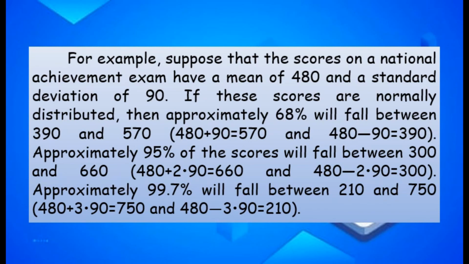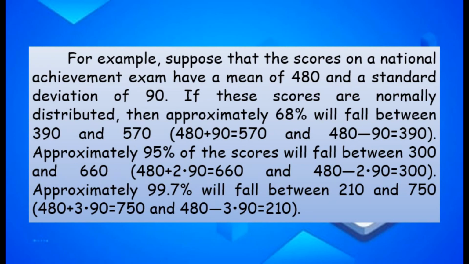For example, suppose that the scores on a national achievement exam have a mean of 480 and a standard deviation of 90. If these scores are normally distributed, then approximately 68% will fall between 390 and 570, because 480 plus 90 is equal to 570, and 480 minus 90 is equal to 390.